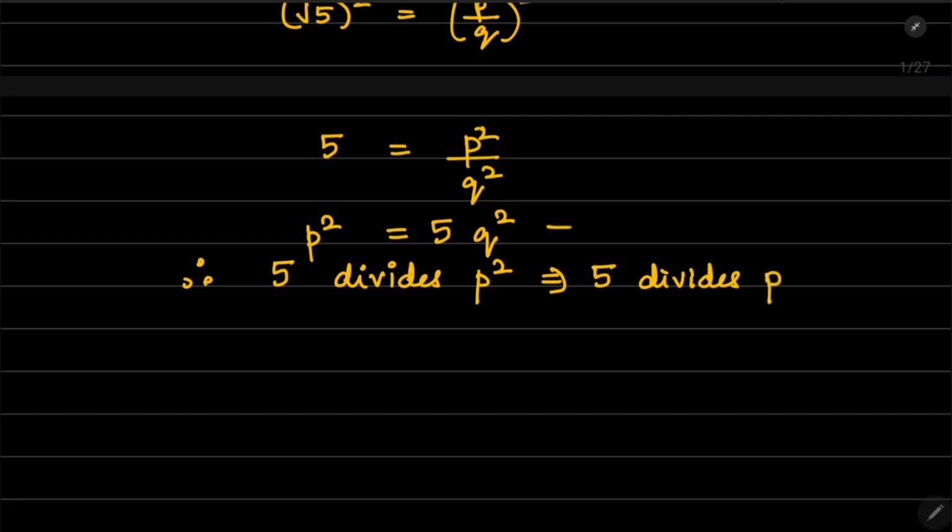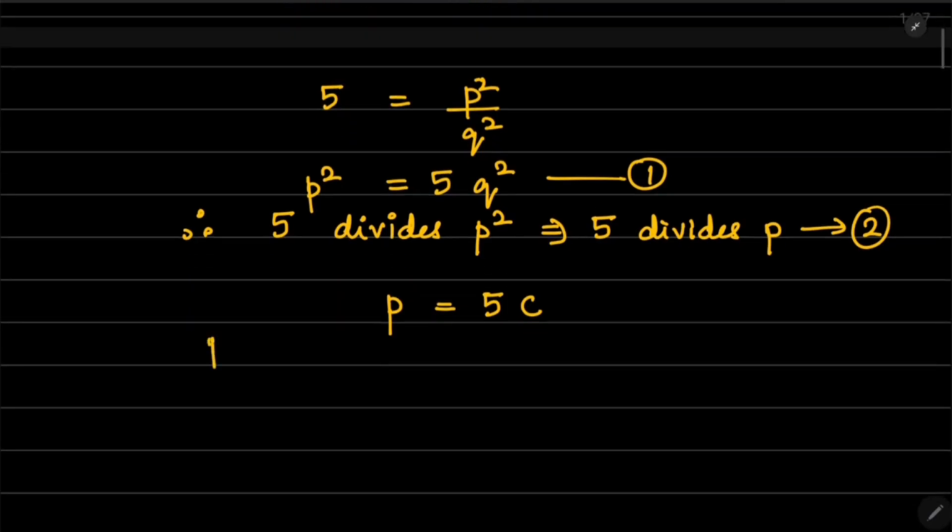Okay, so the first one, wherein you have got p square equal to 5q square, let that be equation 1, and let this be equation 2. Whenever you say 5 divides p, you can write the same statement as p is equal to 5 multiplied by c. This is what it means when I say 5 divides p. So let p equal to 5c.